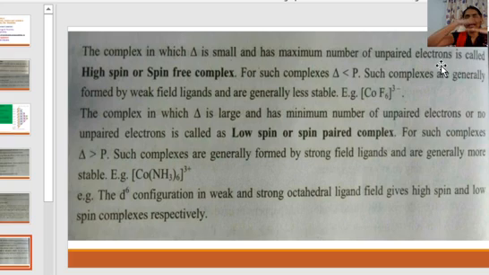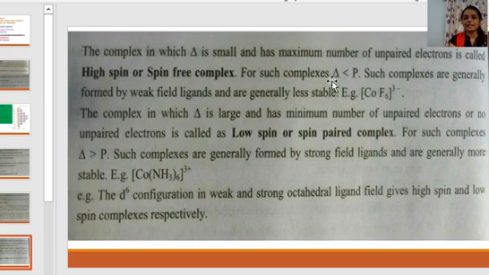Whenever the delta, that is the gap between these two levels, is small and the number of unpaired electrons is maximum, since the electron prefers to jump from this lower energy level to this level, the number of unpaired electrons will be more, and since it has more unpaired electrons, the complex is called a high spin complex or a spin free complex. That is, most of the electrons are unpaired, due to which the spin will be very high, hence it is called a high spin complex.